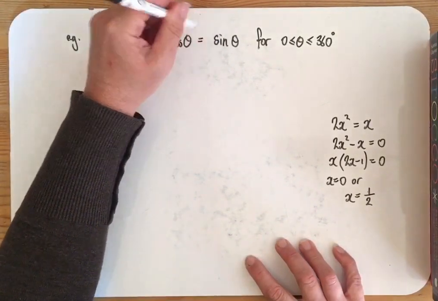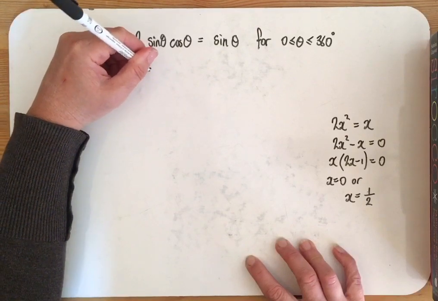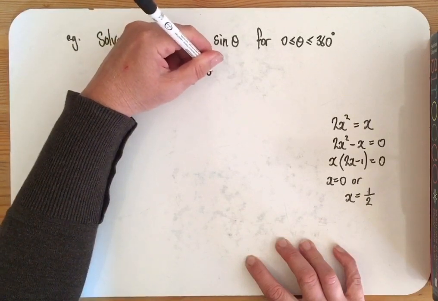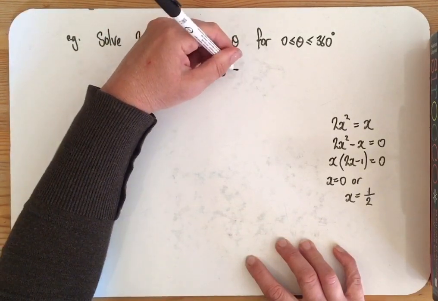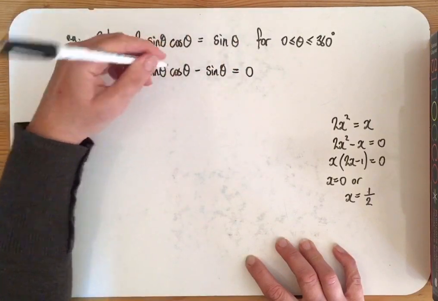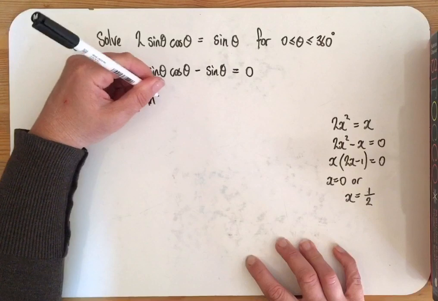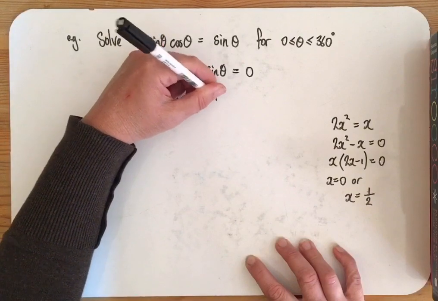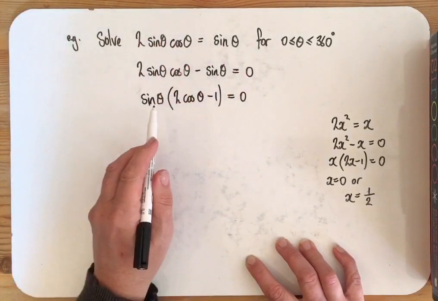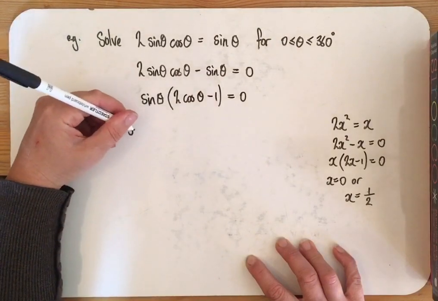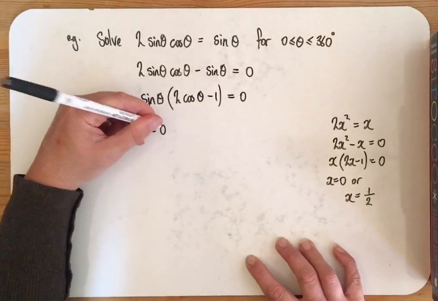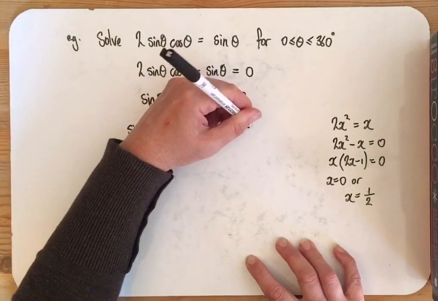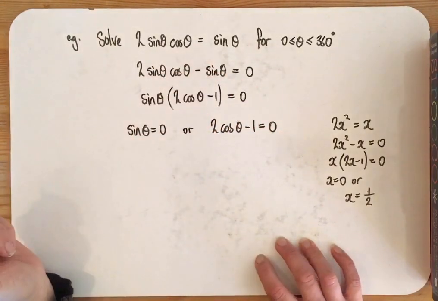So I need to instead take away sine theta, and then take sine theta out as a factor. And then we've got two things multiplying to 0. So sine theta equals 0 or 2 cos theta minus 1 equals 0.